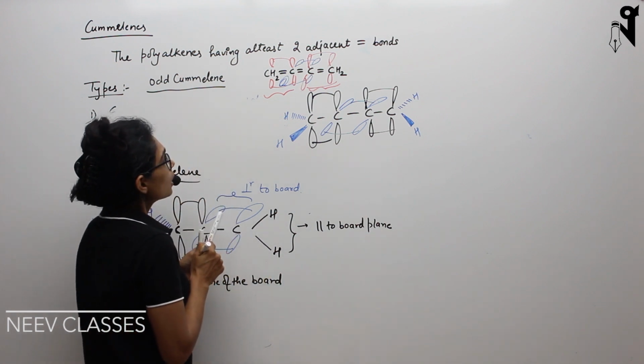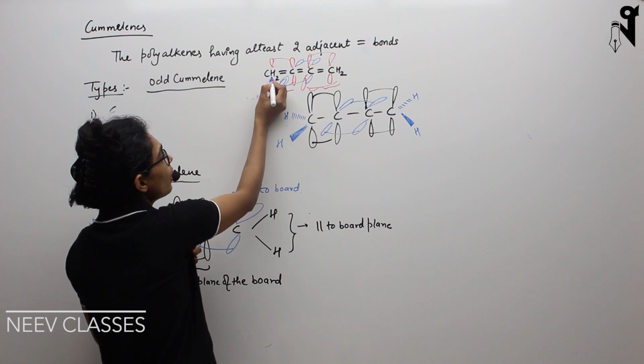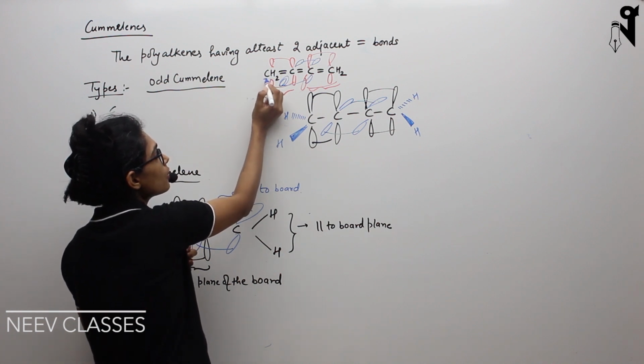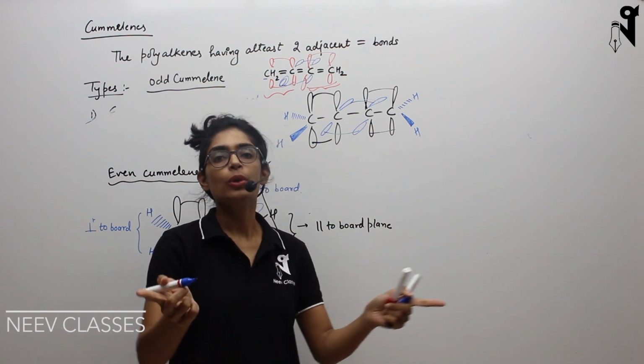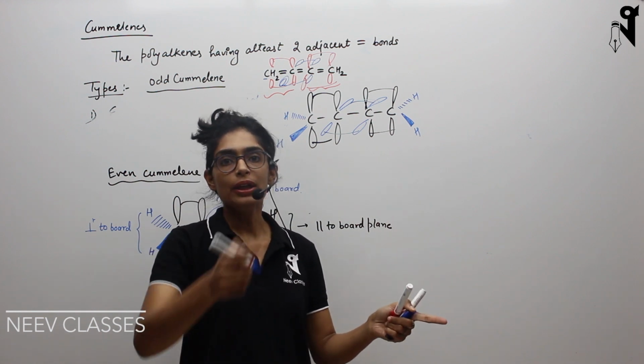Now when you talk about the two hydrogens, what the first carbon has is a sigma bond, and that has to be perpendicular to the plane of the p orbital.